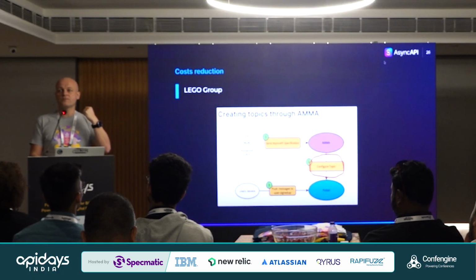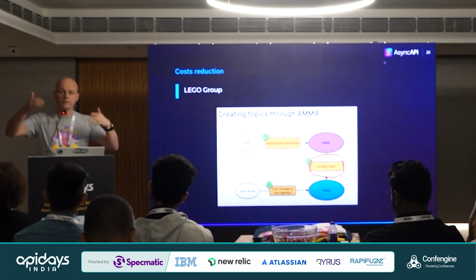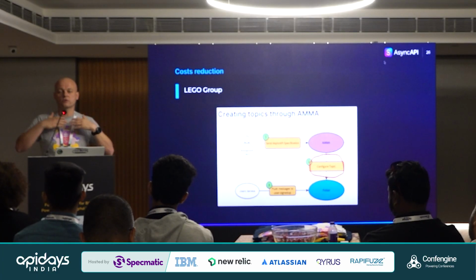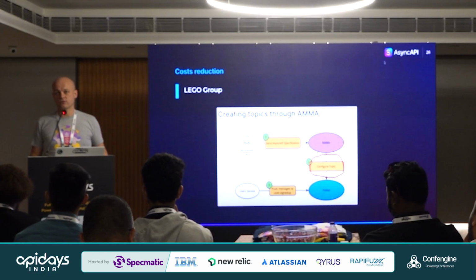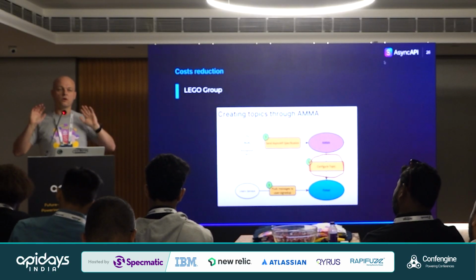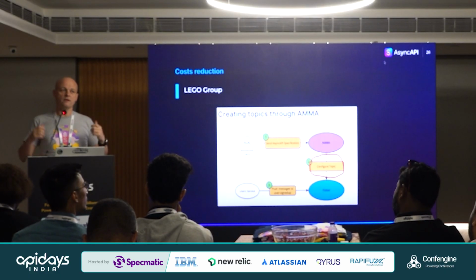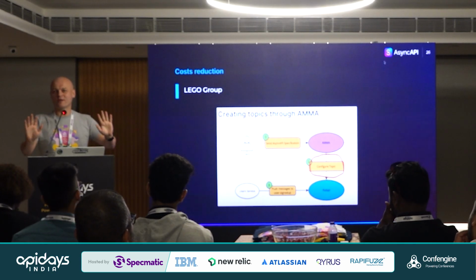Because at the beginning, they had full freedom for devs to dynamically create topics on the cluster. But with Kafka, it means the more topics you have, the more clusters you have to have, the more costs you have to cover. So they wanted to block dynamic topic creation to reduce the costs. But of course they didn't want to slow down development.